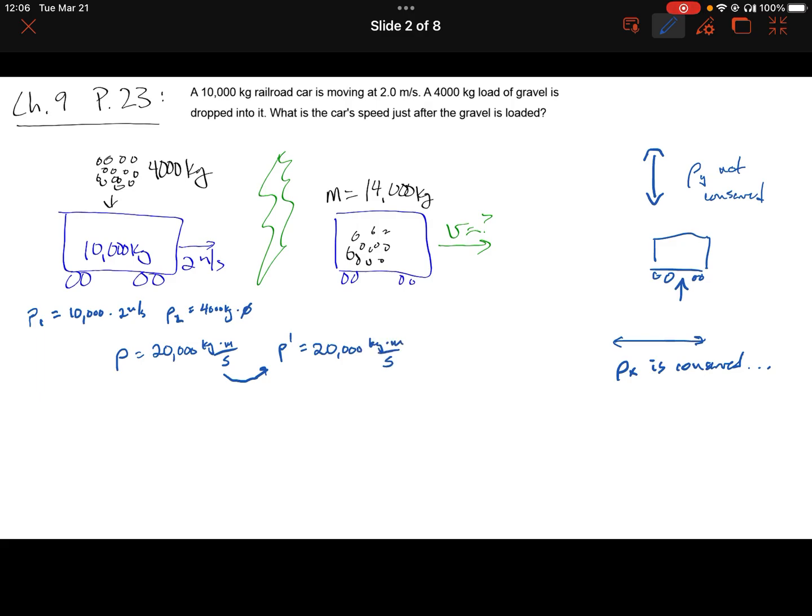Now, if you had access to the solvers here, and you do for these practice problems, then you could plug in some numbers and you'd be good. This is actually an inelastic collision because these two objects stick together after the collision.